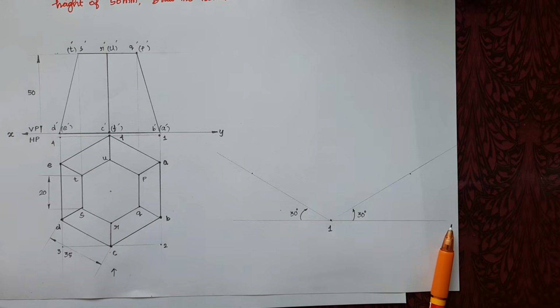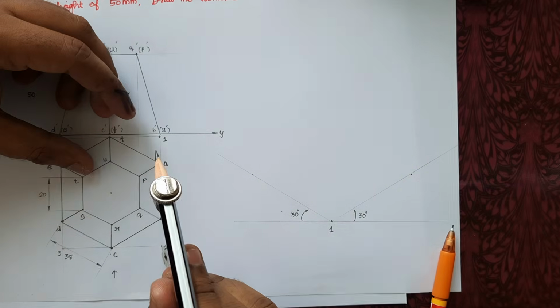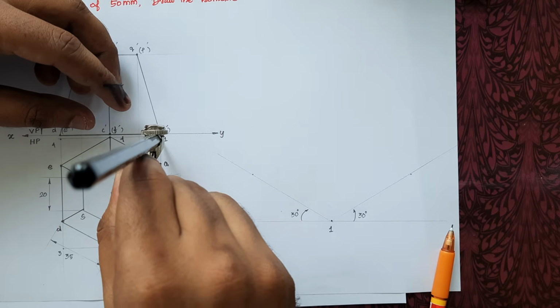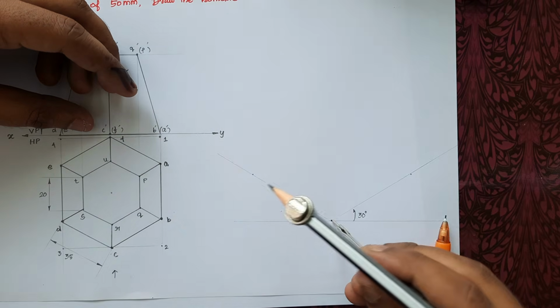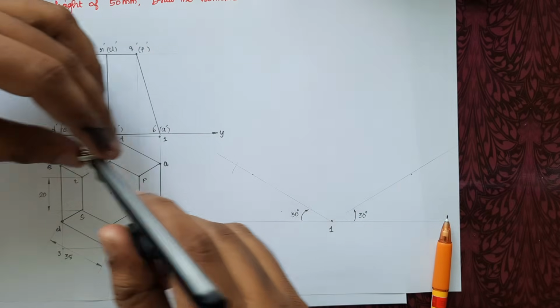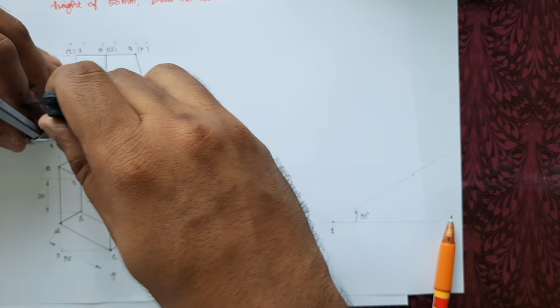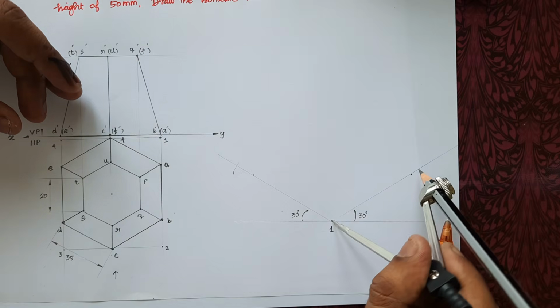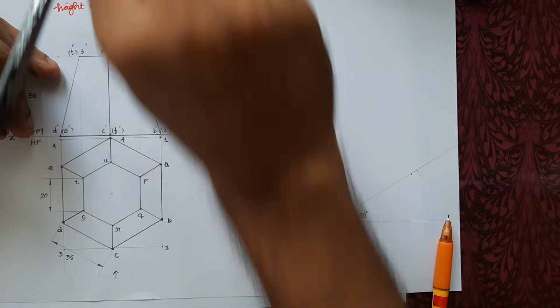And now let me measure by using the compass 1 to 2. 1 to 2 I have measured, and I have drawn an arc. And similarly 1 to 4 we can measure and mark.